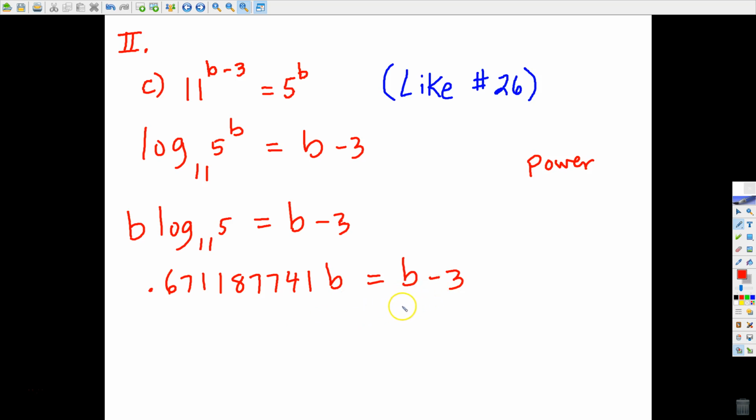And I'm going to subtract 1b from both sides. I don't need to say 1b, but you get the idea. All you really need to do in your calculator with this sitting there is just do minus 1. I essentially subtracted b from both sides. So what is this decimal minus 1?